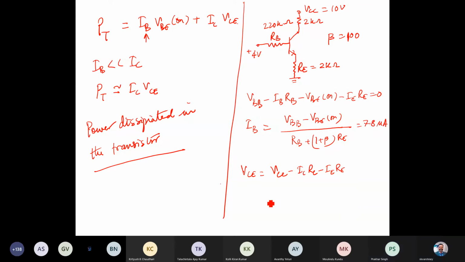And for VCE, you can assume that IC and IE are approximately the same, which is not a big change. If beta is given and IB is known, I can find IE also. So you can find out the number.